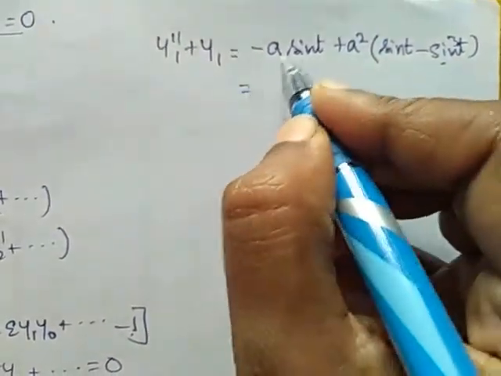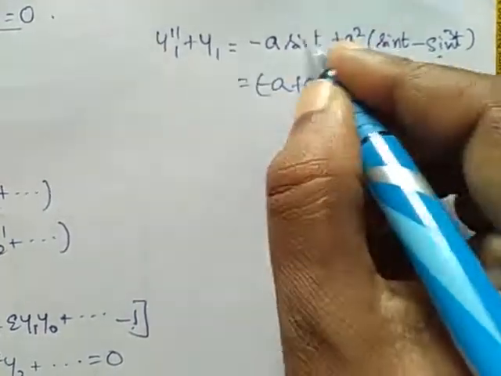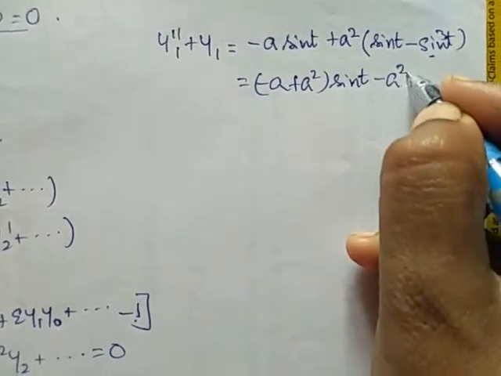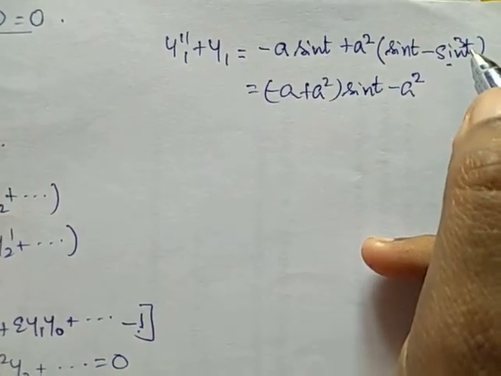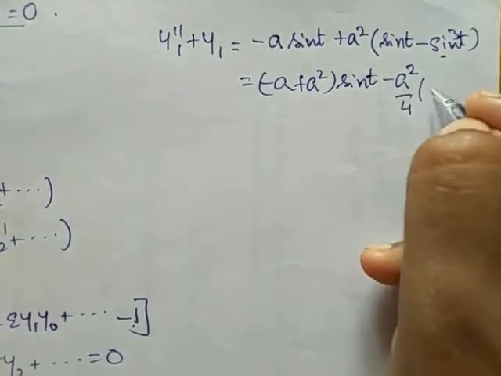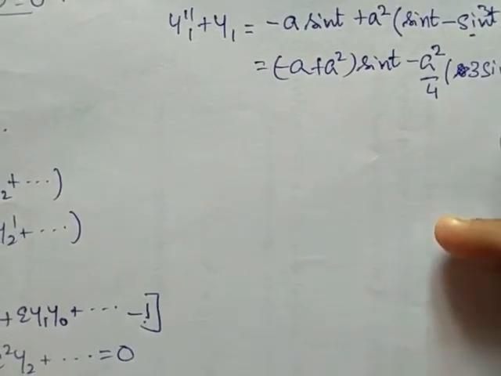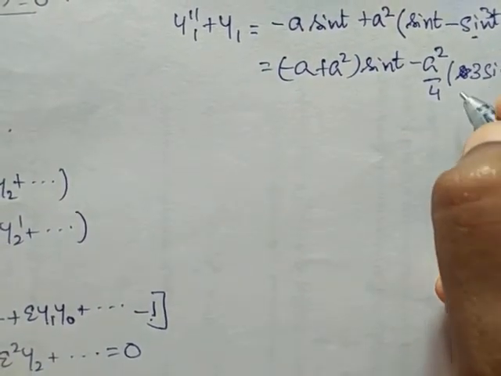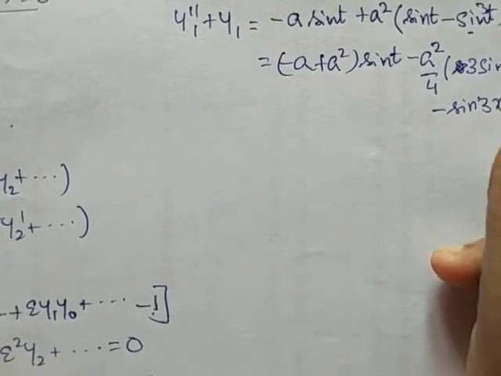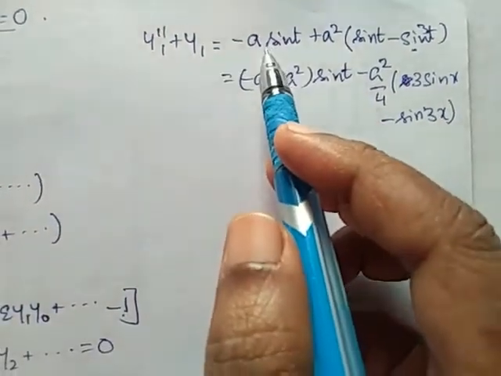So we have minus a plus a square common, so we are having sin t, minus a square sin cube t is there. We have the formula for sin cube t, which is 1 by 4 into 3 sin x minus sin 3x. Here we are having minus a sin t.